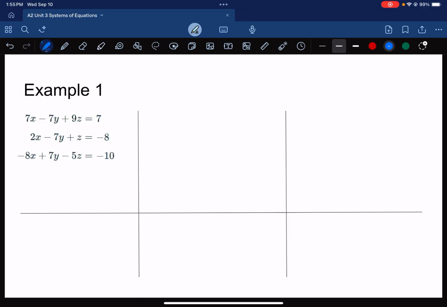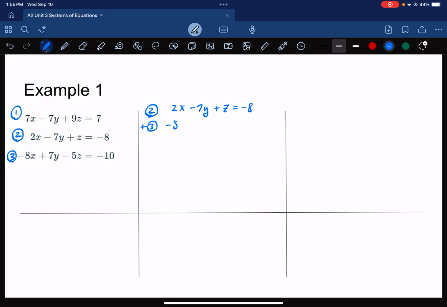So what I'm going to do is I'm going to number these equations because it's easier to talk about them if we number them, okay? So I'm going to take equation 1 and 2. Well, actually, I'm going to take equation 2 and 3 because the y's are already opposites. So I'm going to copy down equation 2 and I'm going to add it to equation 3. 2x minus 7y plus z equals negative 8.